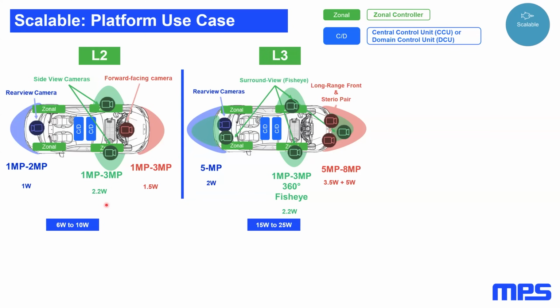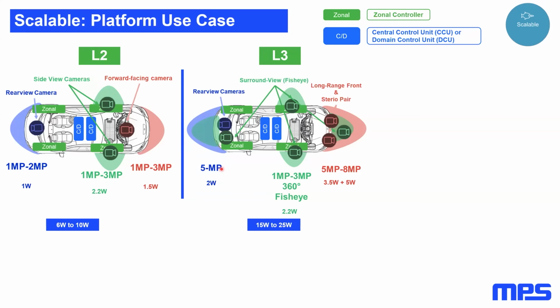For example, the power level moves by 2x, from 6 to 10 watts to 15 to 25 watts. This is because we're using more cameras, for example for the surrounding view to have the 360-degree fisheye view. For the rear, we need higher resolution, so we are using 5 megapixel cameras with 2 watts. I would like to have a vehicle that is definitely watching my back.